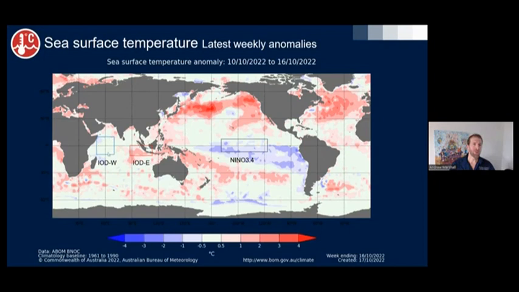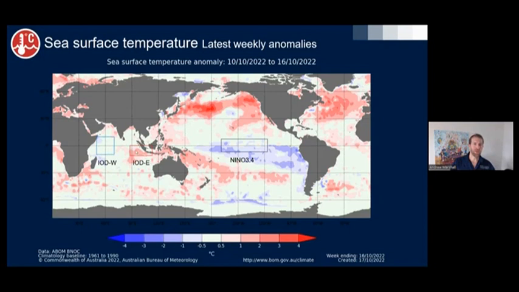So over the Western Indian Ocean here, this is labeled the IODW box. That currently shows roughly neutral, or zero anomaly. So a kind of average temperature for that region. But in the Eastern Indian Ocean, you can see it's warmer than normal. So these are degrees Celsius greater than normal in pink, or cooler than normal in blue.